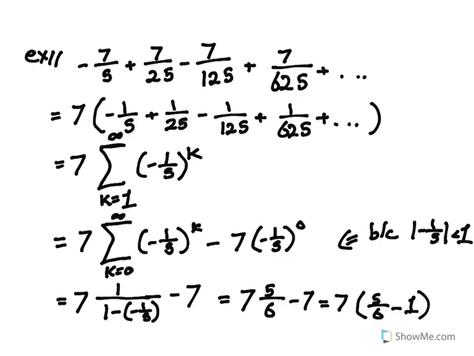So these geometric series are a very important example of a type of series. But we still need a way to find convergences and divergences of more series in general. And for that, we have something called convergence and divergence tests. And we'll begin today by talking about the divergence test.